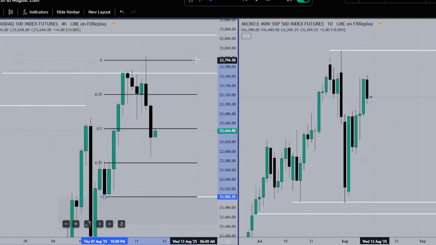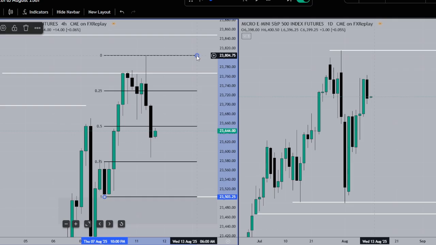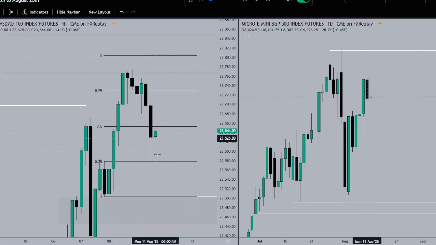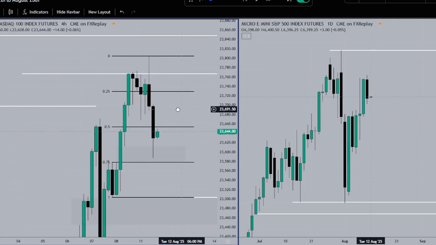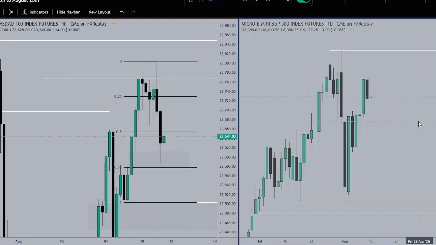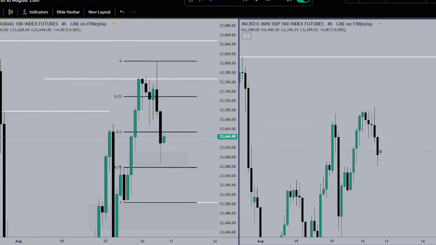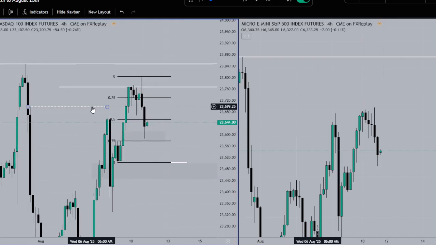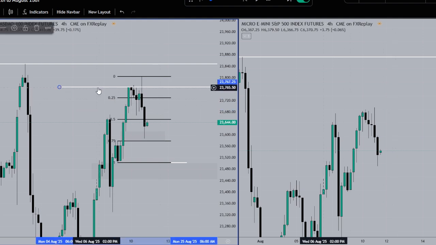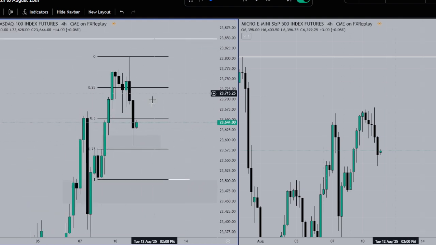So we have this discounted 4-hour fair value gap here that we might react off to. It really does depend here. And we can go here on ES to check it out as well. So pretty much what I do is look at the daily chart. After marking out the key draw on liquidities on the daily chart, we mark out key liquidities on the 4-hour chart, right?